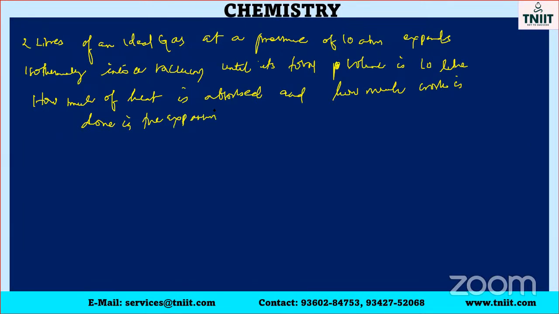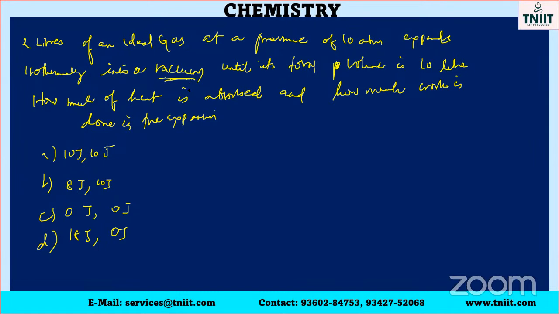The options are: A, 10 joules, 10 joules; B, 8 joules, 10 joules; C, 0 joules, 0 joules; and D, 18 joules and 0 joules. Now, in case C, the question clearly says into vacuum.